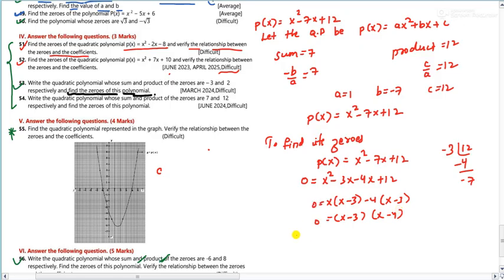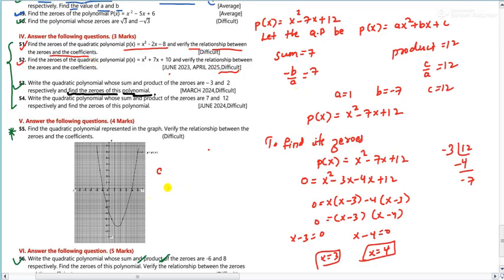So put zeros all over the equation. Okay, so x value you are getting plus 3 and plus 4. Have you got this? Okay, so this is correct. See, the student told me that they have given one formula. Actually the formula is same.